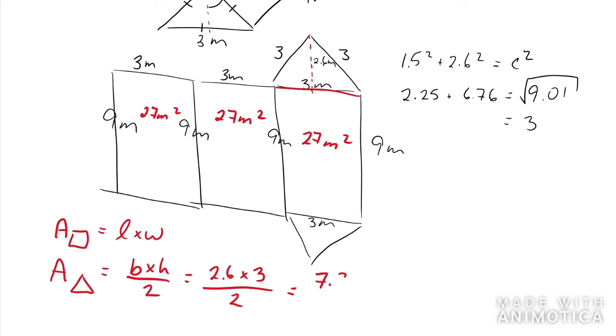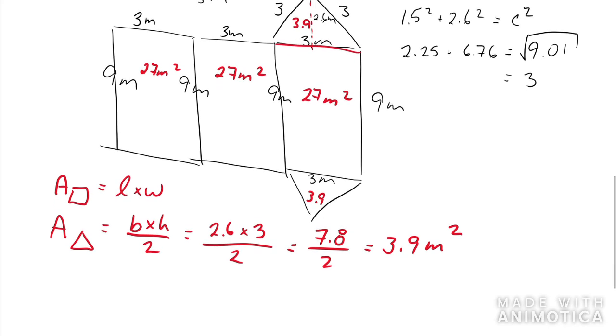That gives us 7.8 divided by 2, which gives us 3.9 meters squared. So this is 3.9, this is 3.9.